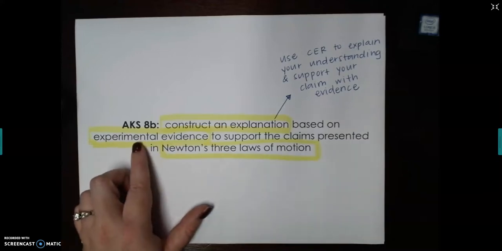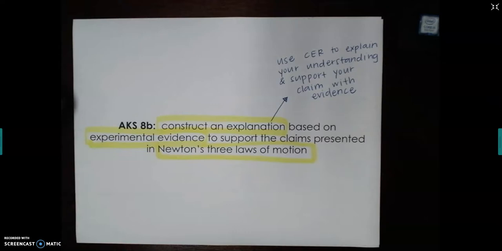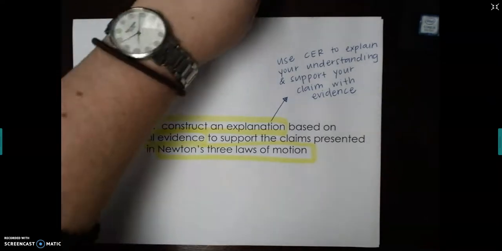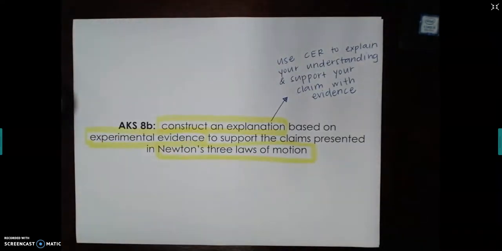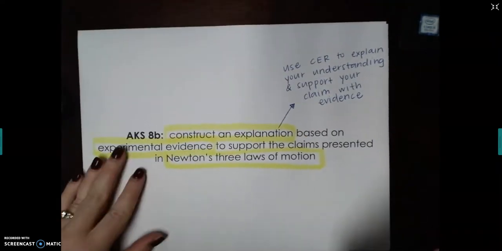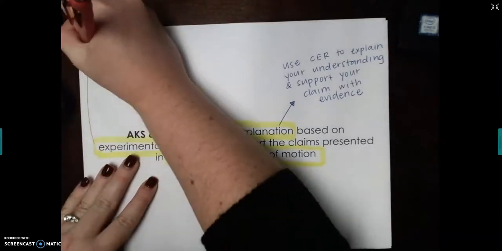So our experimental evidence could include relationships between several different factors. So I'm going to use my red pen for part of it, and I'm going to draw a big arrow up to the top here.